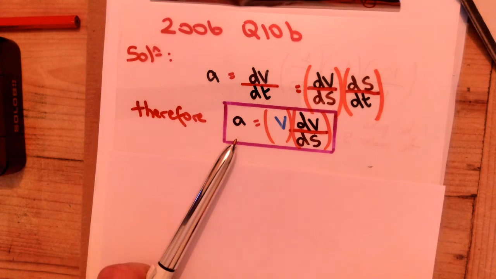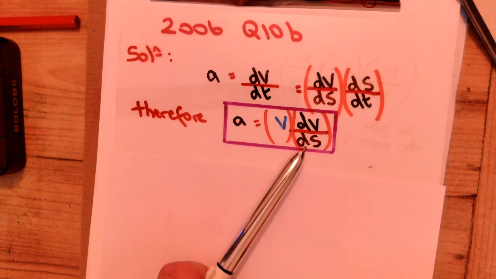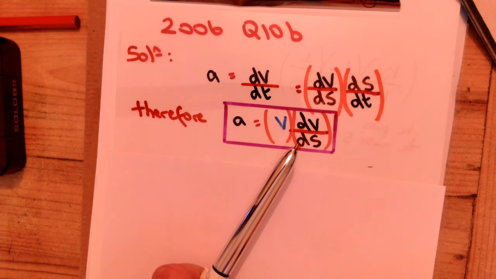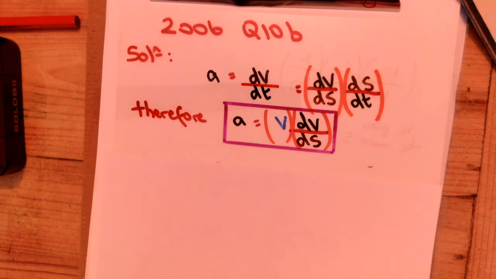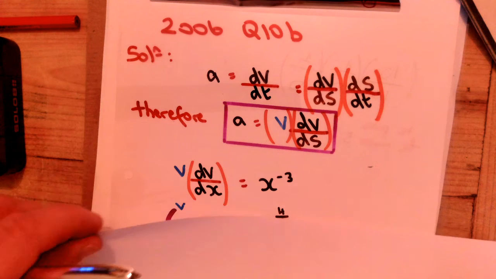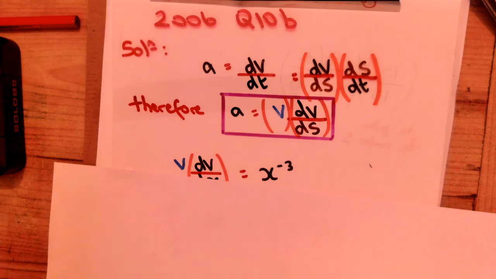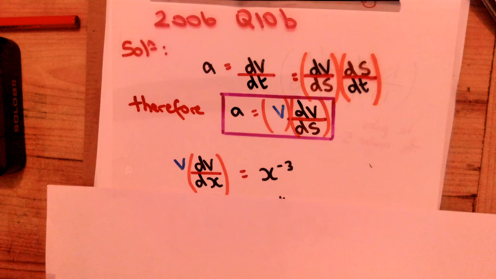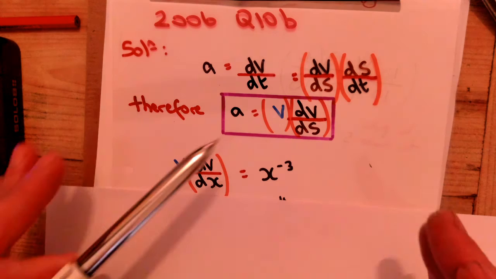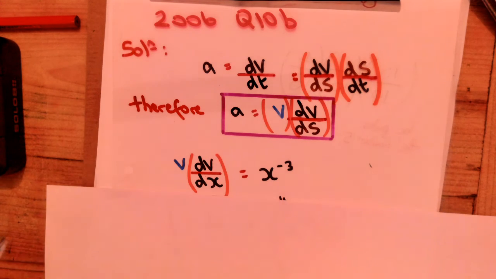Now we have acceleration, which is this. They're telling you in the question that the acceleration is 1 over x to the power 3. Bring it up, so it's x to the power minus 3. Now we're getting it primed for integration, tidying it up and making sense of it.